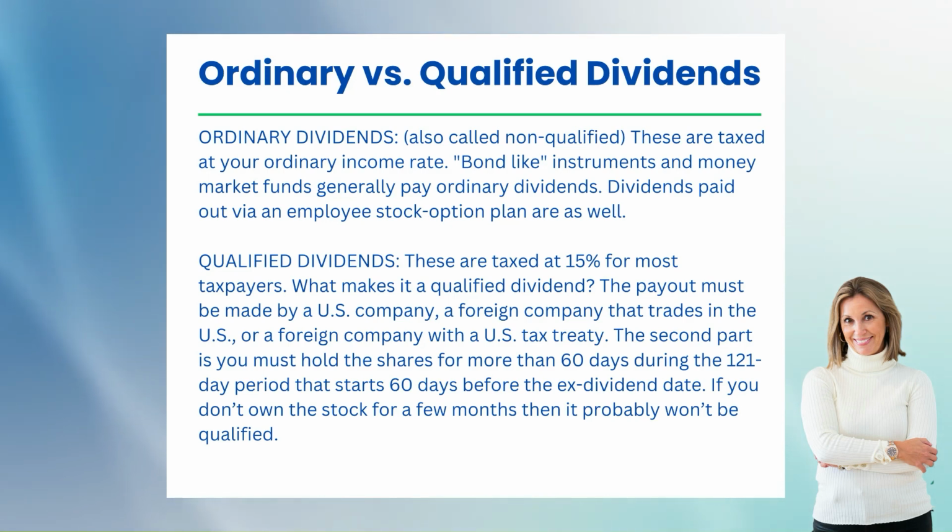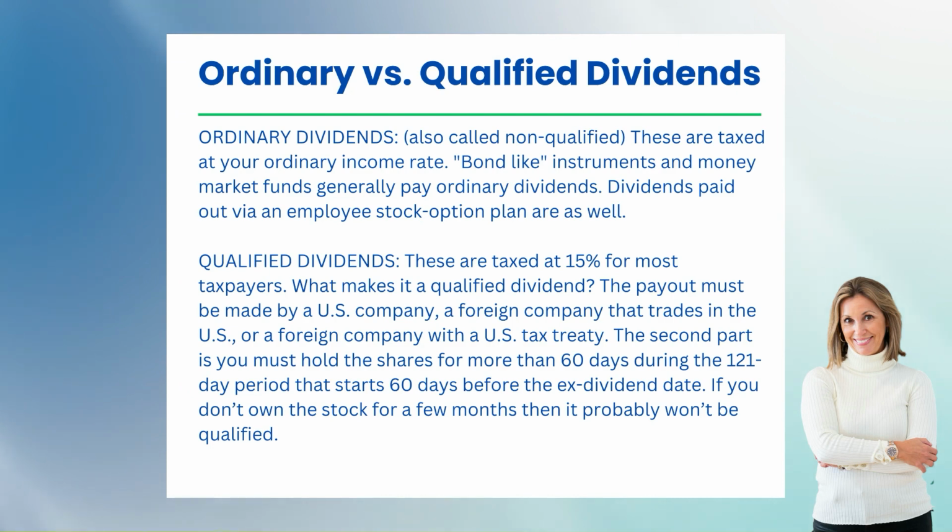So what makes it a qualified dividend? Here are the requirements. The payout must be made by a U.S. company, a foreign company that trades in the U.S., or a foreign company with a U.S. tax treaty. That part is pretty straightforward. You can think of your Amazons and your Apples and companies like that you may own stock in and receive a dividend from.